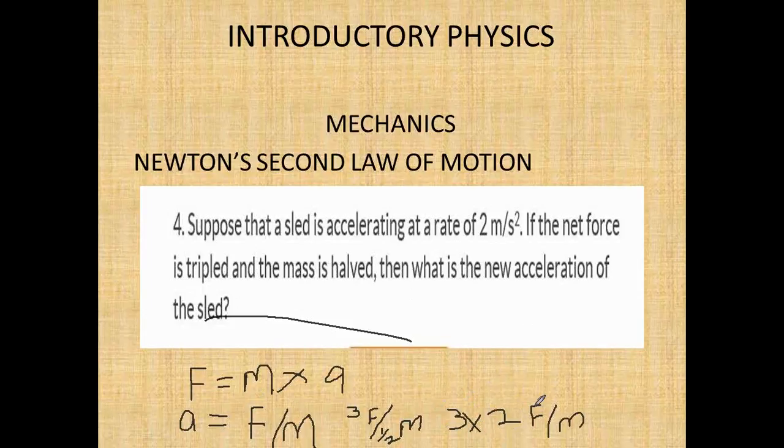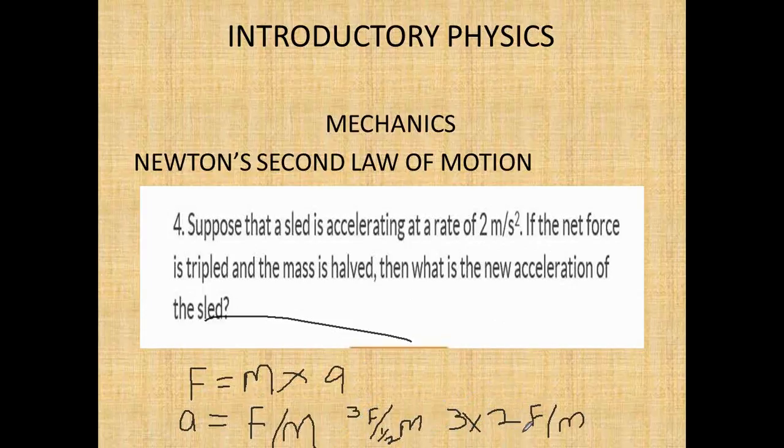Okay? So just think about this. They didn't give you the net force and they didn't give you the mass, but the net force increased 3 times and the mass decreased by a half. We know that the net force divided by the mass is 2 from the initial statement.